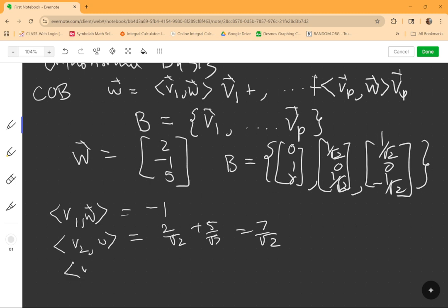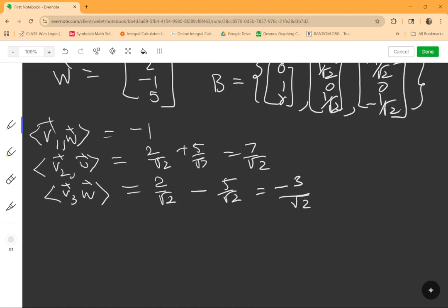And then lastly, v3 times the vector w. This becomes 2 over root 2 minus 5 over root 2, and that's -3 over root 2. All right, and now I find my coefficients.